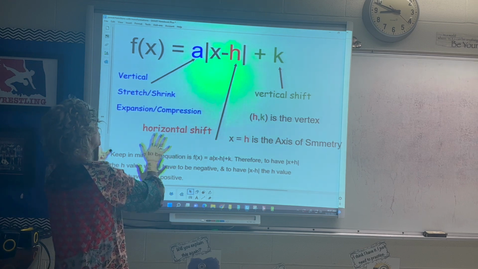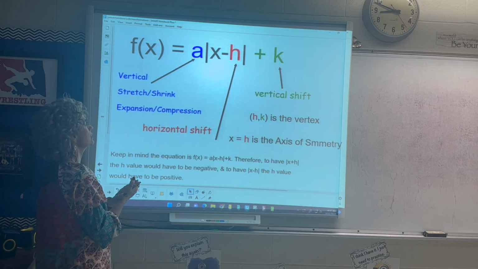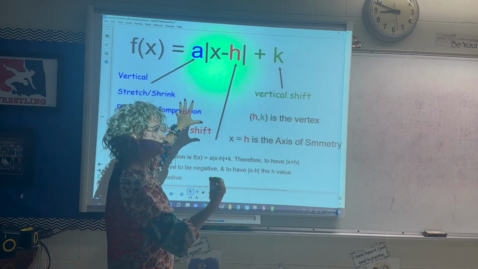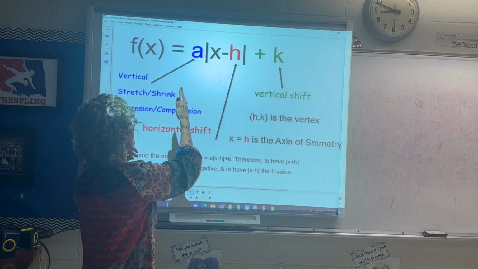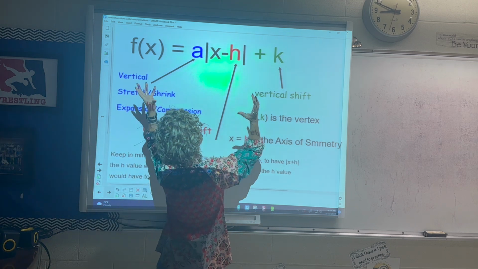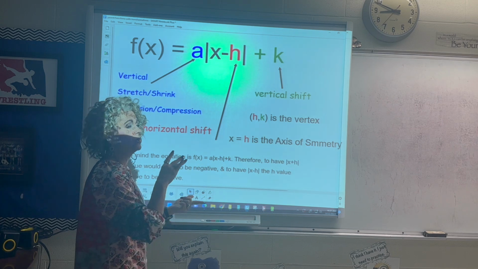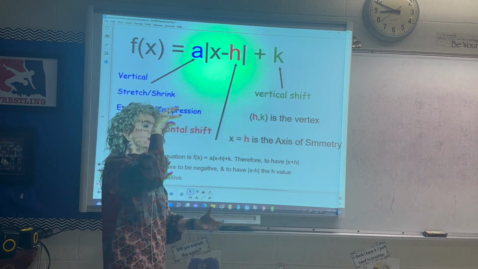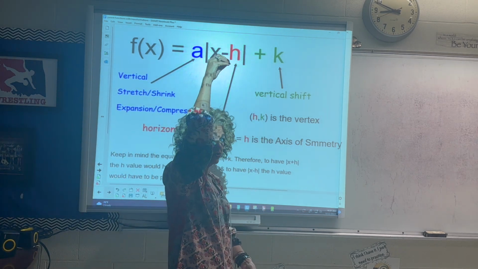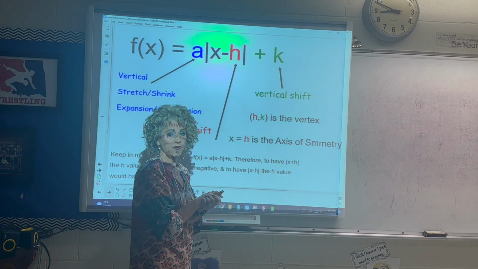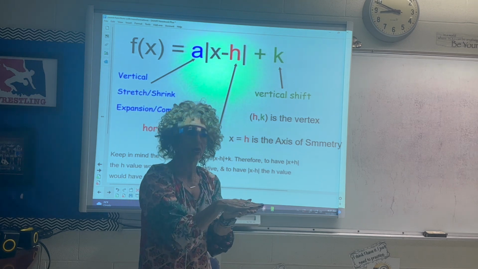Okay, we've had these, we've seen these, okay? This is the absolute value function in vertex form. So when A and H and K have numerical representations here, we can determine vertical stretches. Did my y values, my function values, get larger, or did my y values, my function values, get smaller, okay?